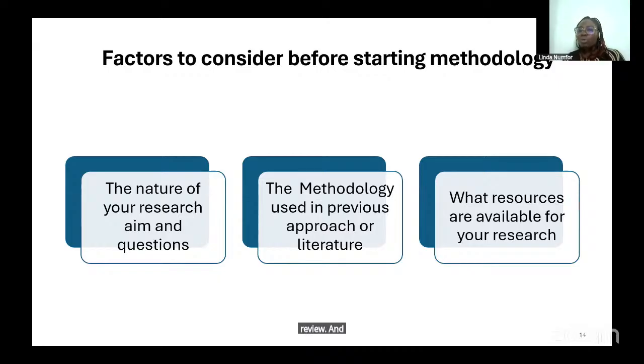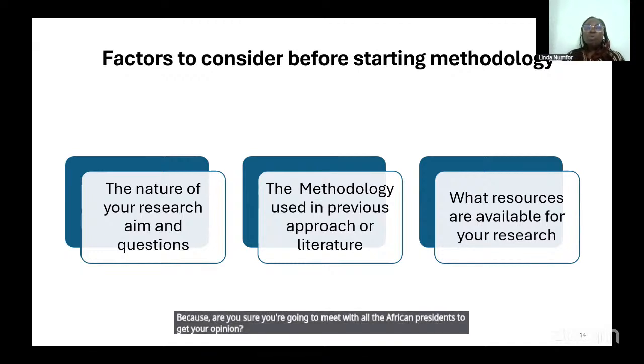And for you to continue with your research methodology, you need to ask yourself, do you have the available resources to do this research? Say you want to do research on what African presidents think about the time they spend in their offices as president. It may not be a good research question, because are you sure you're going to meet with all the African presidents to get their opinion?